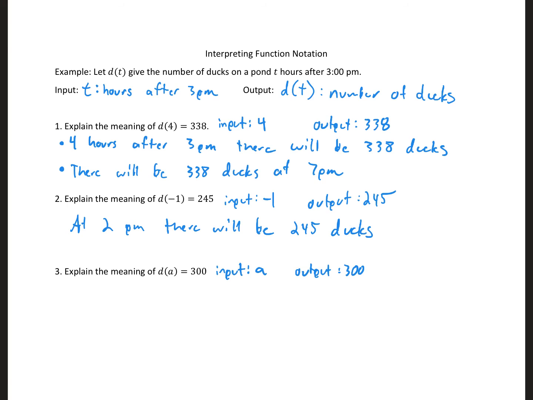As long as I recognize that a is in place of t, which is hours after 3 p.m., then this is telling me a hours after 3 p.m. there will be 300 ducks on the pond. And so a could represent a variety of things in this context, but it's essentially just all of the time values where there are 300 ducks on the pond.